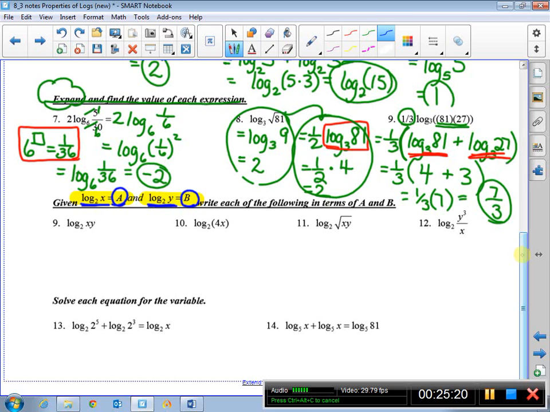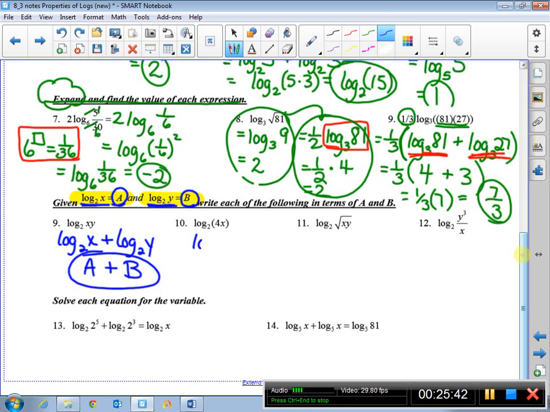So first, let's expand this. It's a product, so log base 2 of x plus log base 2 of y. Now substitute in. I can substitute in A for log of x, and I can substitute in B for log of y. Done.